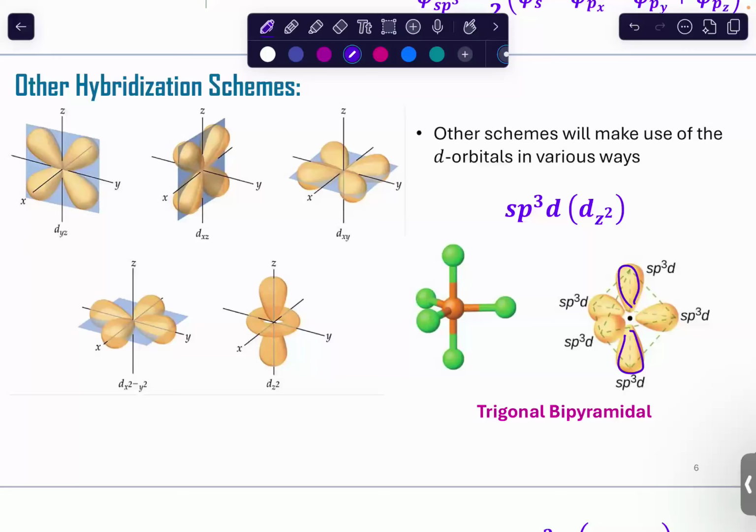And then you have your PX and PY mixed with this circular region around the middle. Okay, so this is your standard trigonal bipyramidal combination.